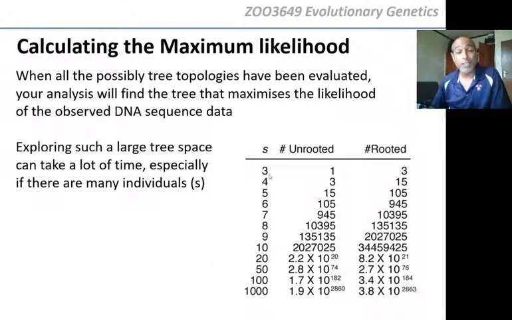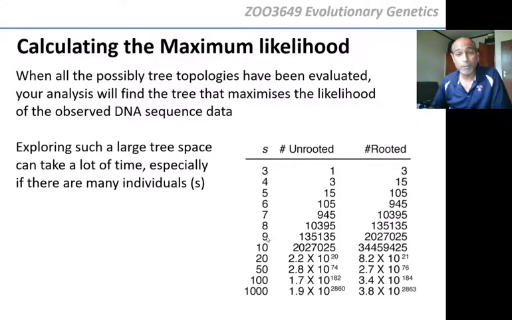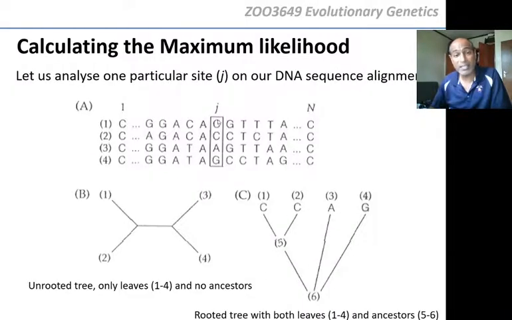However, if you have a small number of individuals, like how many did we have here? We had 4: 1, 2, 3, 4, plus 2 ancestors here. So we had a rooted tree with 4 individuals, with 6 individuals actually, if you include the 2 ancestors. How many possibilities? There are 945 different possibilities, just for this tree here at this site.